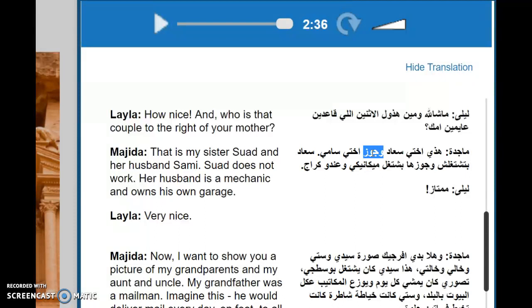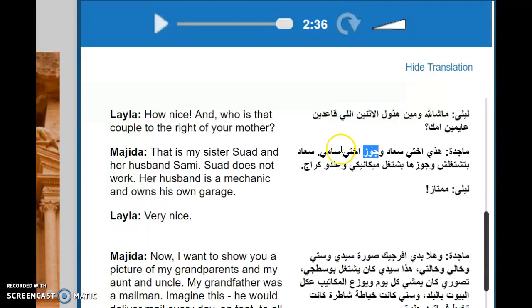And it's often pronounced gazaz or jazaz in dialect. Funny thing is, this root by itself means nut in MSA. But it's very common to say Josie. That means my husband. In fact, the most common way to refer to your husband is Josie.